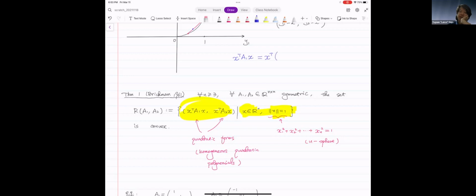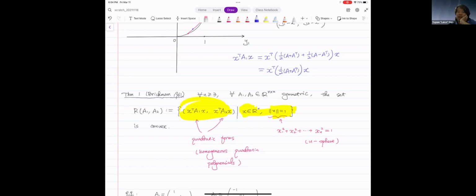I decompose A as 1/2 (A plus A transpose), and then plus 1/2 (A minus A transpose). This matrix is going to be symmetric, and this matrix is going to be anti-symmetric, meaning that if you take a transpose, it's the negative of itself. So I end up with x transpose times a symmetric matrix times x, and the x transpose anti-symmetric x part is actually going to be 0.